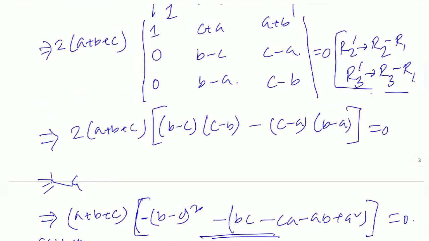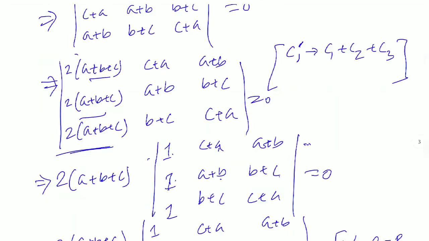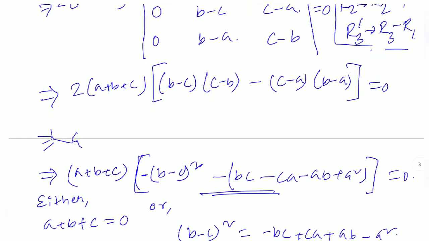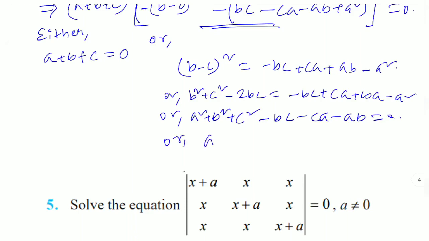So when we expand this one, what you have here is a square plus b square plus c square minus bc minus ca minus ab, so that is equal to 0. So what you have is (a minus b) whole square plus (b minus c) whole square plus (c minus a) whole square is equal to 0.